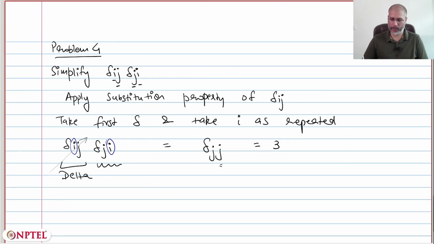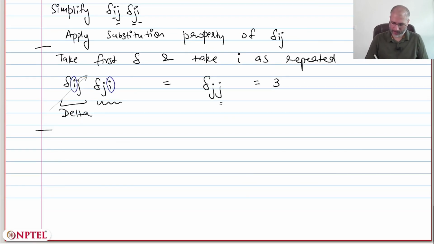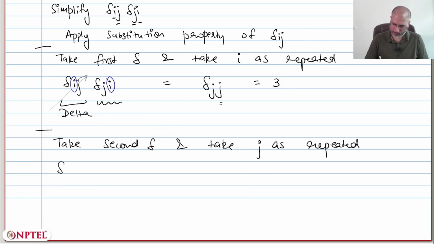And as I said, whatever choice you take is going to result in the same answer. So let's take the second delta and take j as repeated. In this case, we'll take this as the delta and we'll take j as repeated.